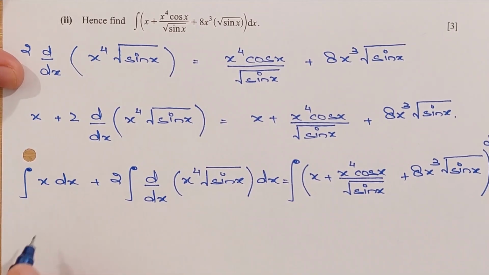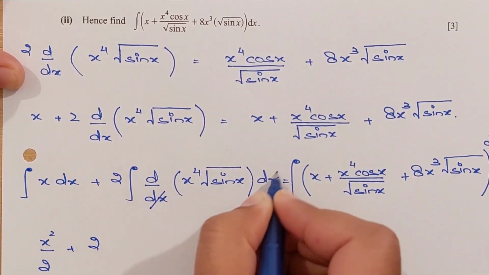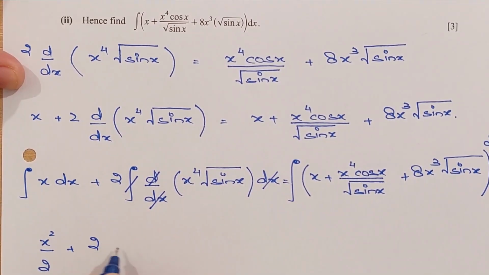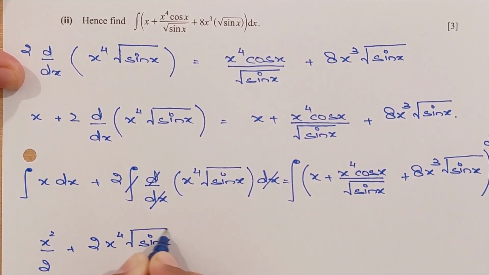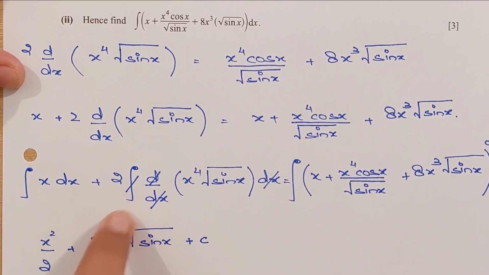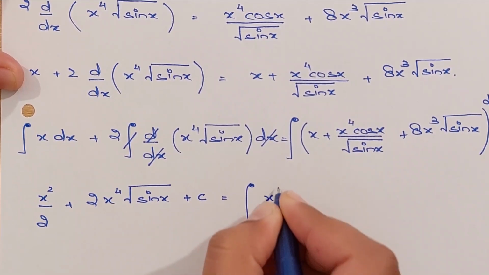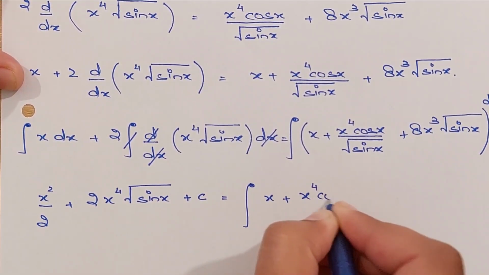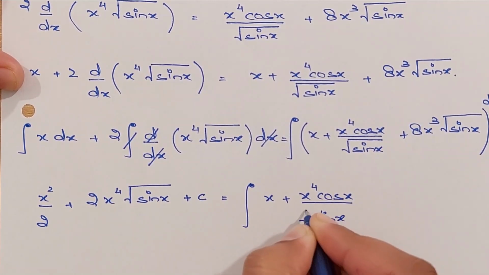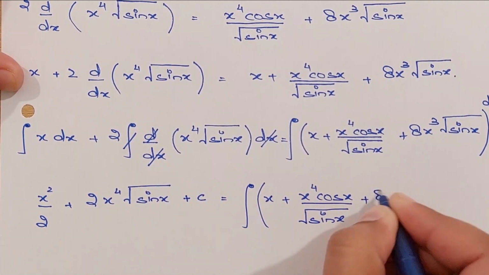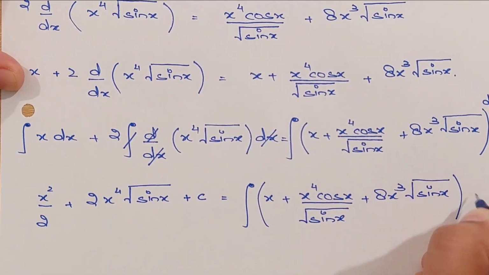Now the integration of x is x square by 2, plus we have 2, we can cancel the dx, the derivative with the integration. We have x power 4 square root of sine x plus some constant of integration, because this is an indefinite integral, and this is equal to the integration of x plus x power 4 cos x over square root of sine x plus 8x cube square root of sine x with respect to dx.